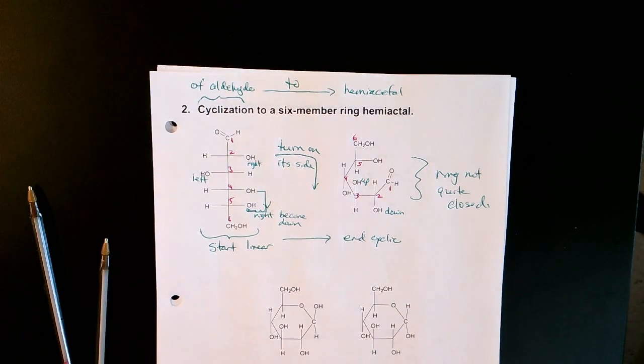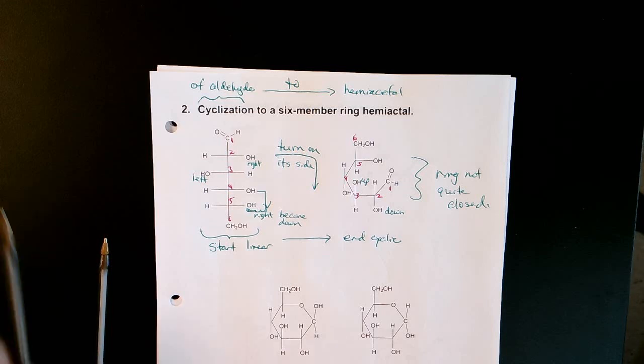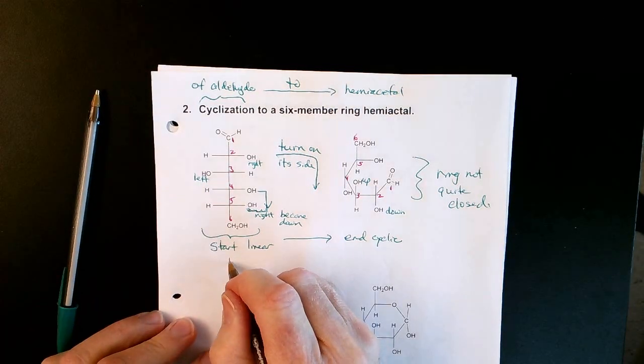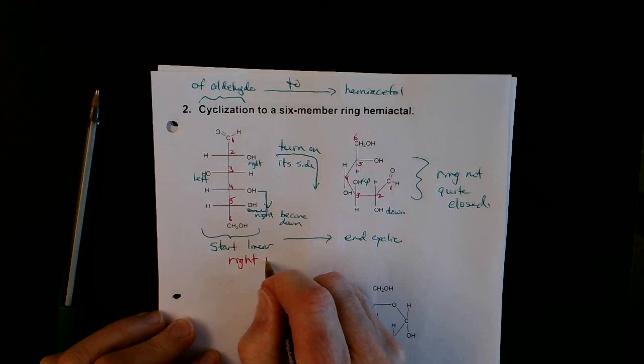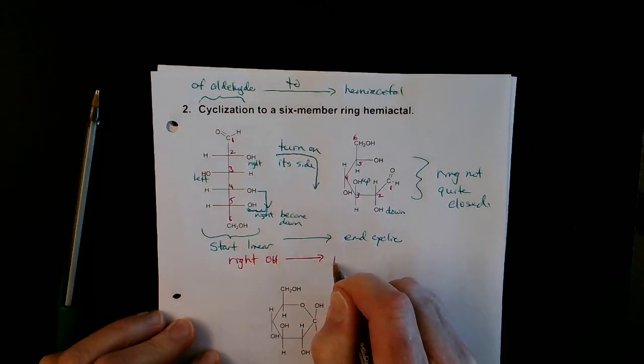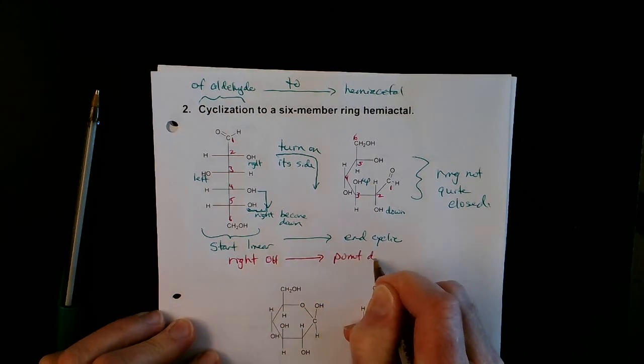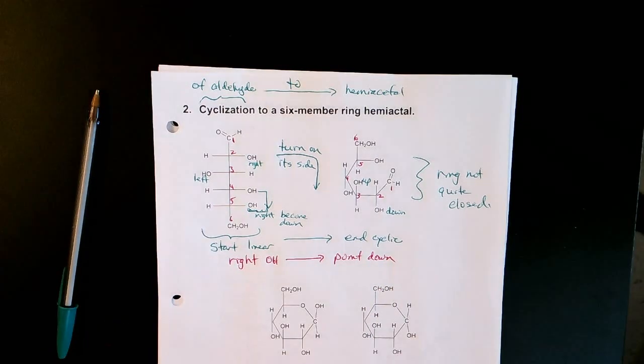Because number 5 is different. It has an OH on it that becomes part of the ring. All right, so your general rule, your right OH needs to point down. Except for number 5, it becomes part of the ring. All right, that's the main message right there. That's the hard thing to keep track of.